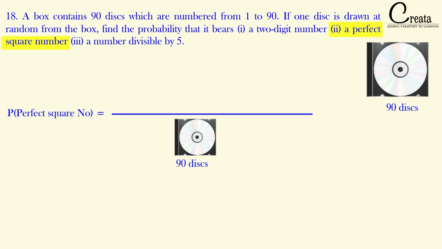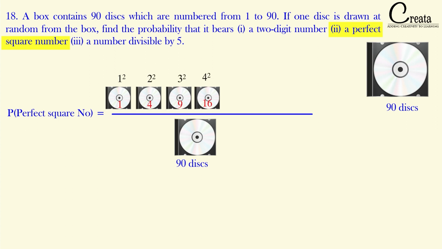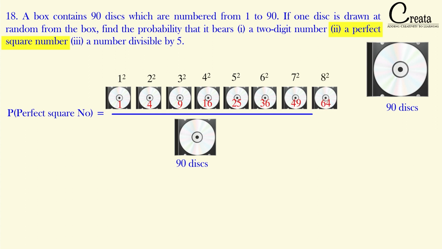The perfect square numbers from 1 to 90 are 1, that is 1 square, 4, that is 2 square, 9, that is 3 square, 16, 4 square, 25, which is 5 square, 6 square 36, 7 square 49, 8 square 64, and 9 square as 81.